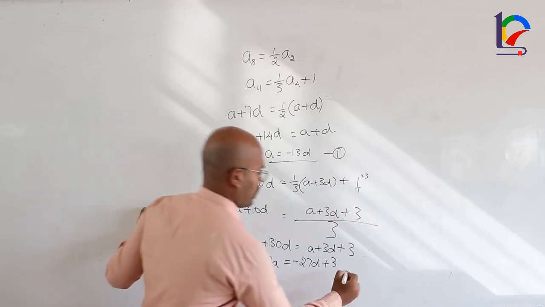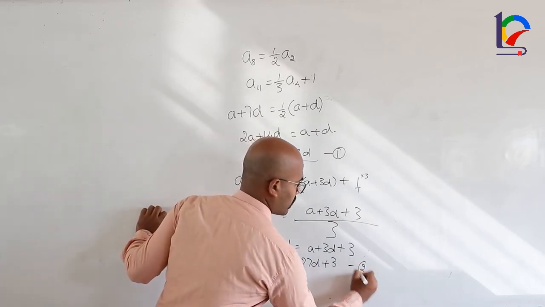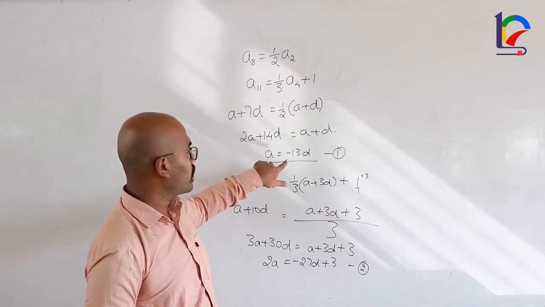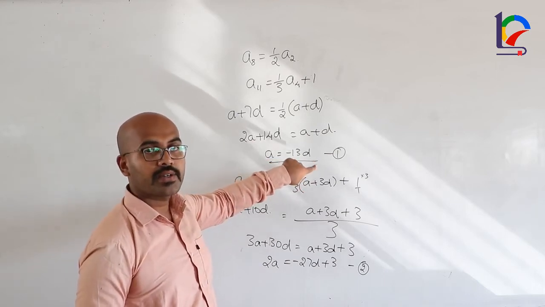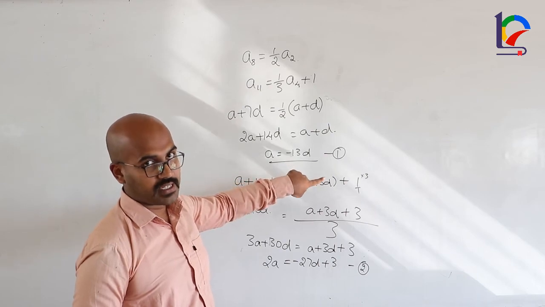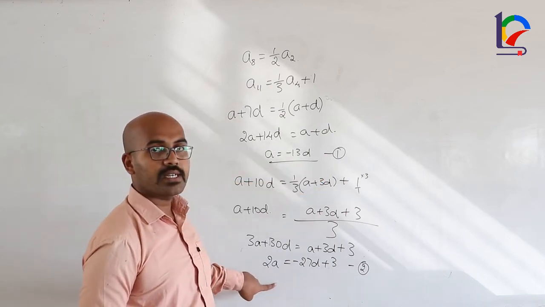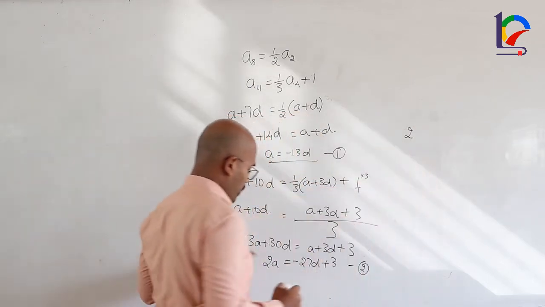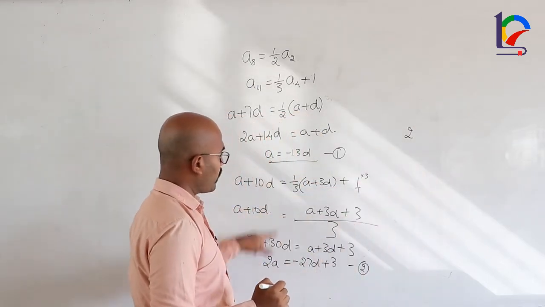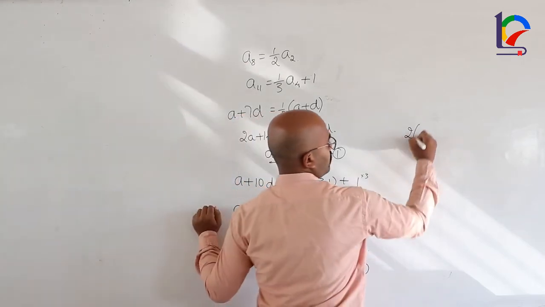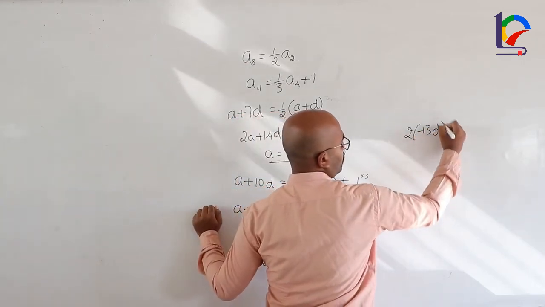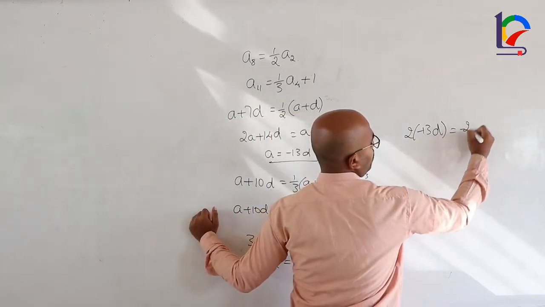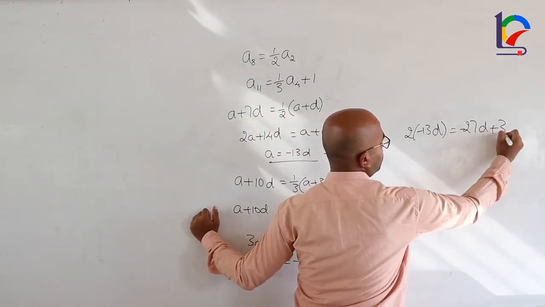Now this is equation 2. I know the value of a: a is equal to minus 13d. I can substitute the value of a in equation 2. So 2a, where a is minus 13d, is equal to minus 27d plus 3.